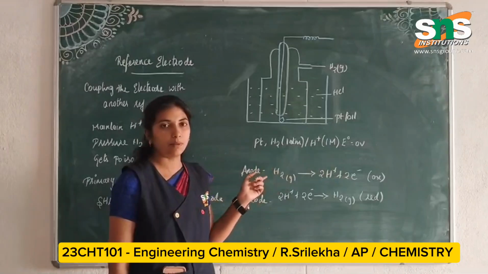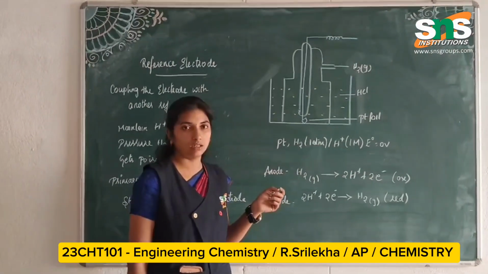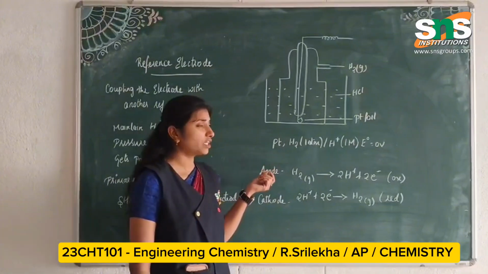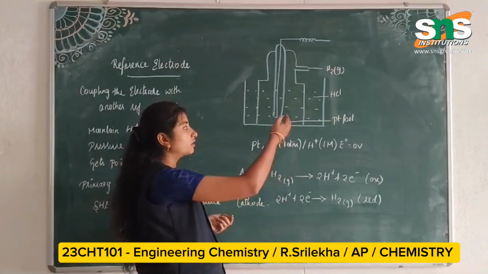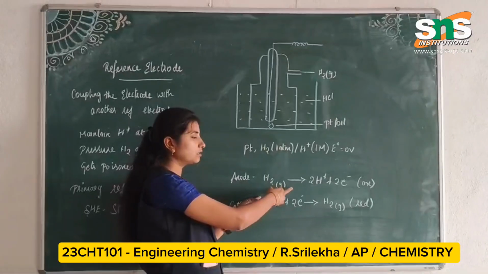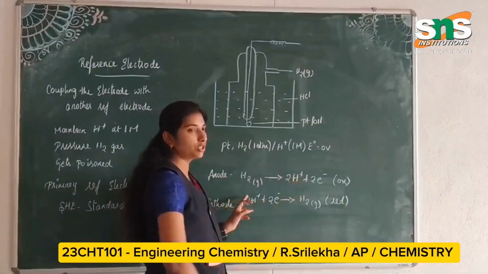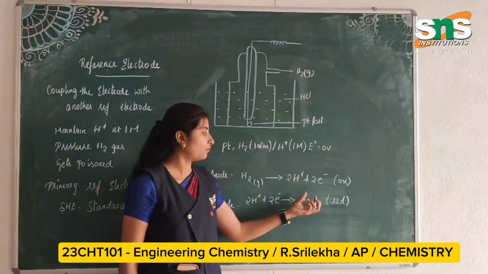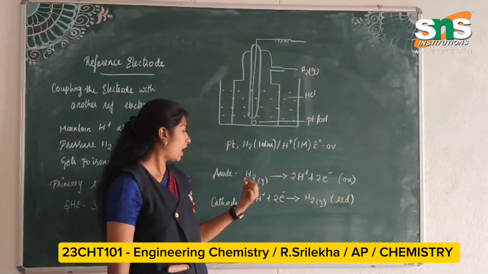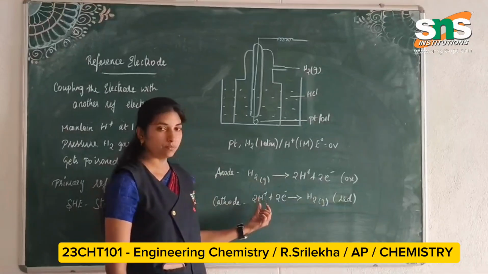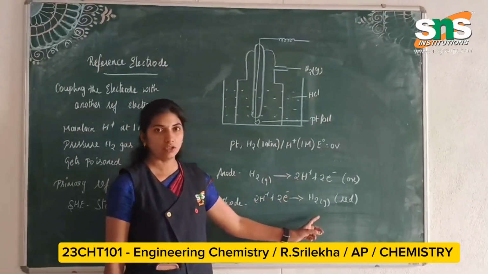So this is the cell representation for the standard hydrogen electrode, SHE. Whenever the reaction undergoes at the anode, H2 gas gives 2H plus plus 2e minus. This is the loss of electrons, so it is an oxidation reaction. At the cathode, 2H plus plus 2e minus, with the gain of electrons, gives H2.